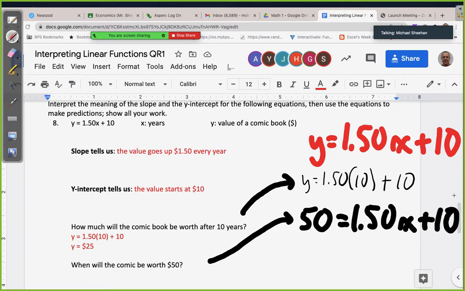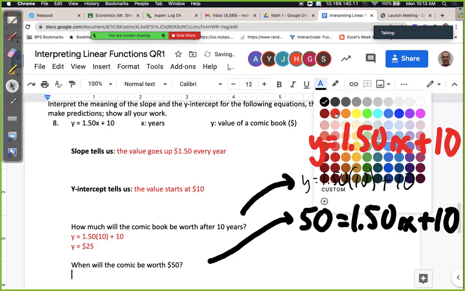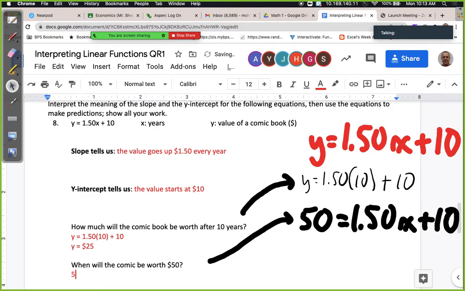All right, so that's where I want to start. $50 equals $1.50x plus 10.